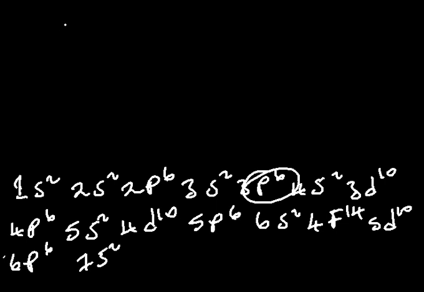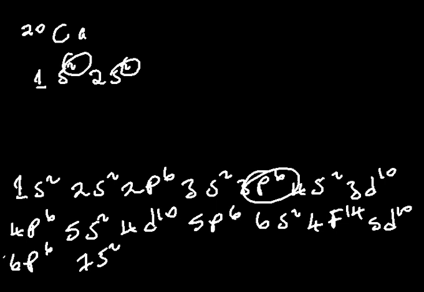Let's say we have calcium, whose atomic number is 20. In that case we have 1s2, and we'll also have 2s2. We are following this order, by the way. We have 2s2, which means 4 electrons, so we are remaining with 16 electrons.